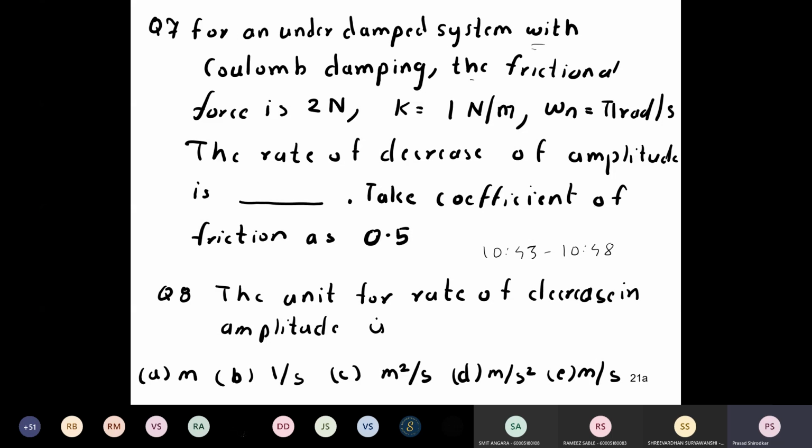Again, submit the answers without units. You have to answer for the units in question number 8. Question number 7 you have to just state the value.